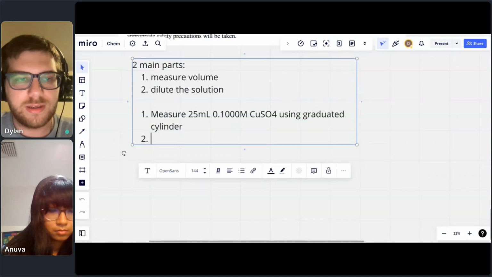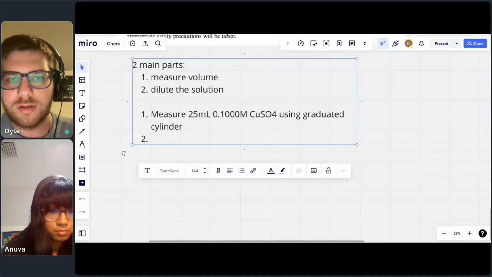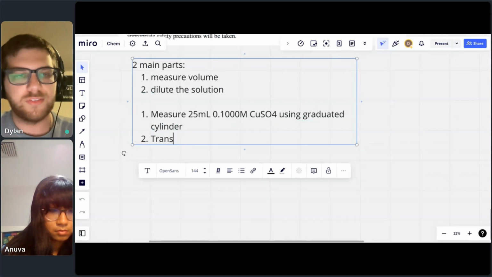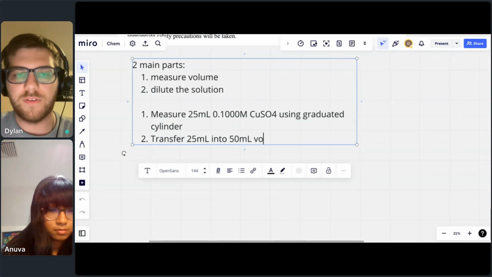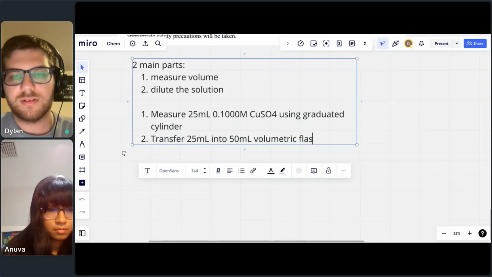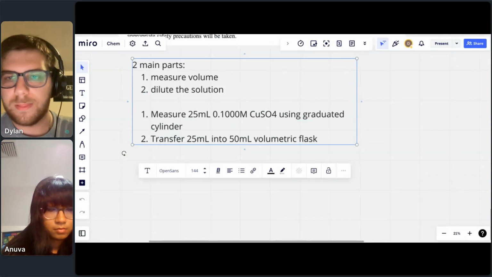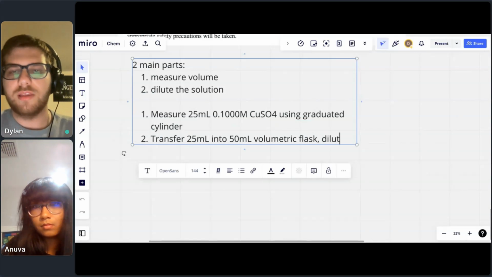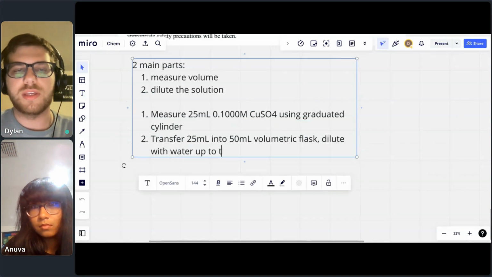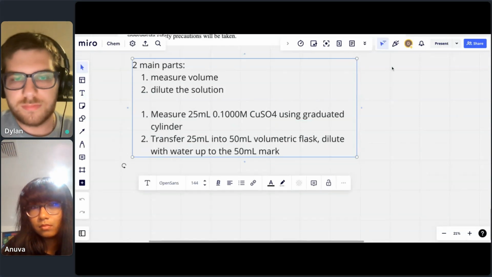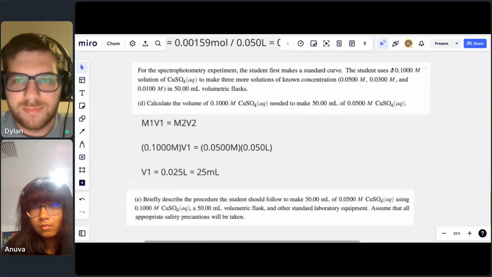Now the second is to dilute it. Transfer the 25 milliliters into the 50 milliliter volumetric flask, and dilute with water up to the 50 milliliter mark. That's the whole problem.